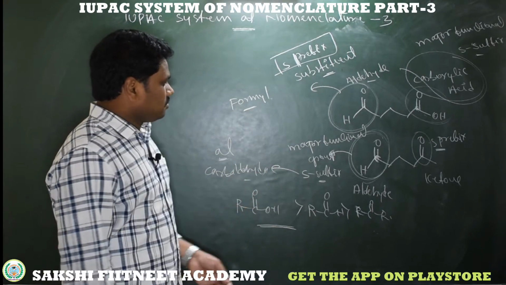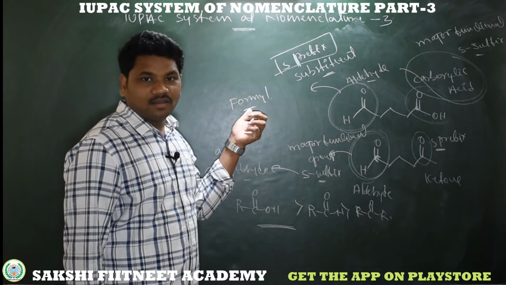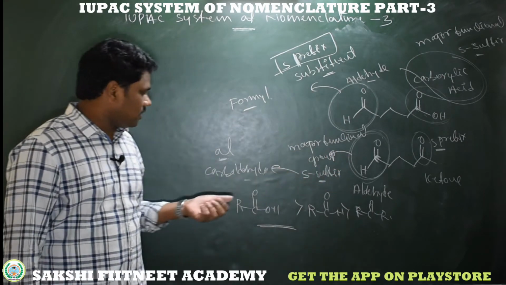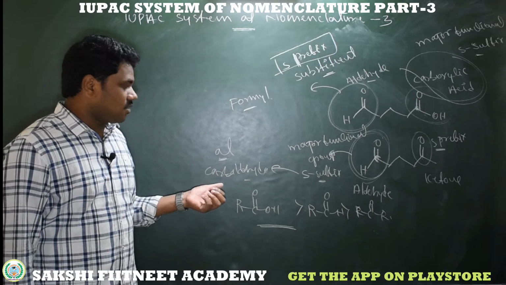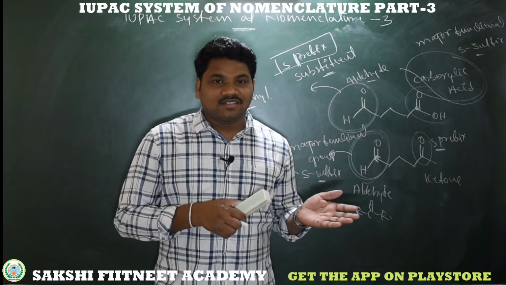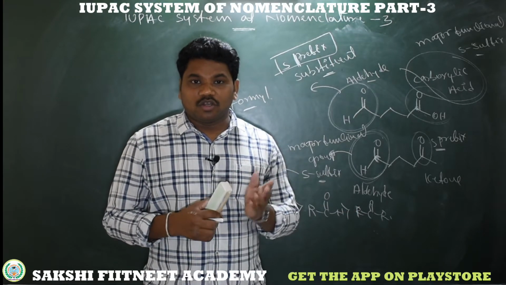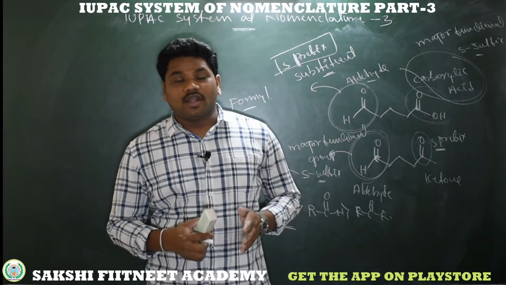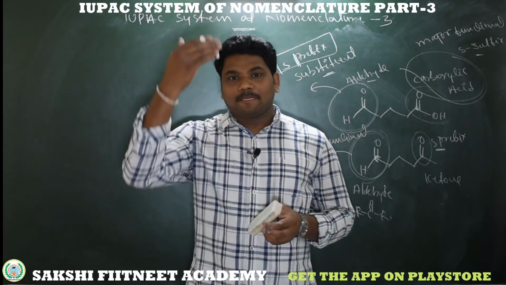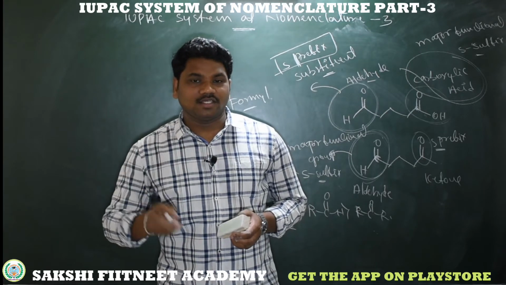So for the same functional group, as a prefix we write formyl, as a suffix we write -al or carbaldehyde. Like this, every functional group has a prefix name as well as a suffix name. So here we need to know two points: one is the priority order, and the other is the prefix name and suffix name of each functional group.